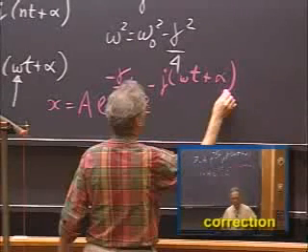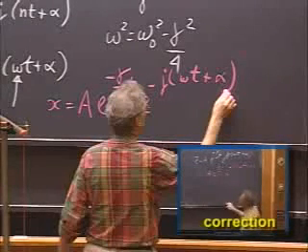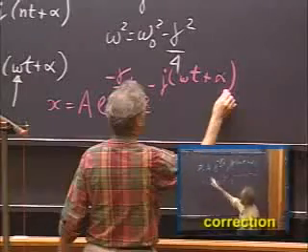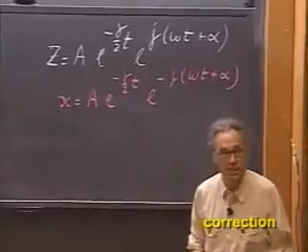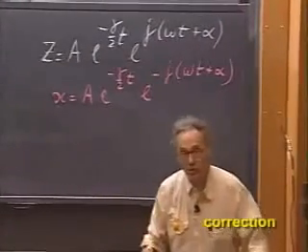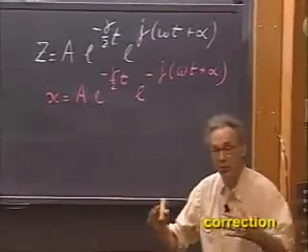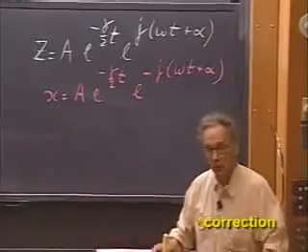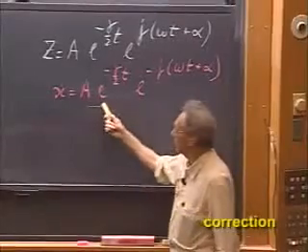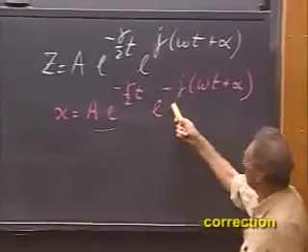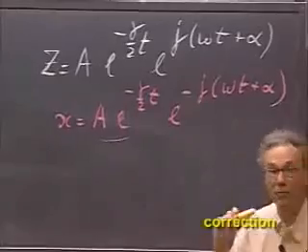Look what I did. I have an equation in the complex plane. That's perfectly okay. And then I went back to the real world, going from z, the complex plane, to the real part of z. And what did I write down? This is fine. But then I wrote down e to the power minus j omega t plus alpha.